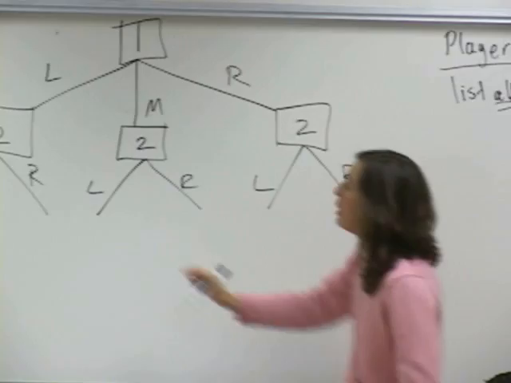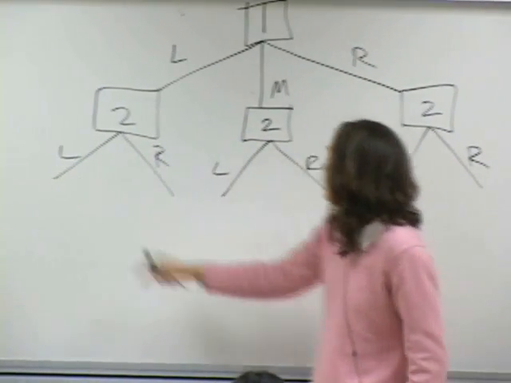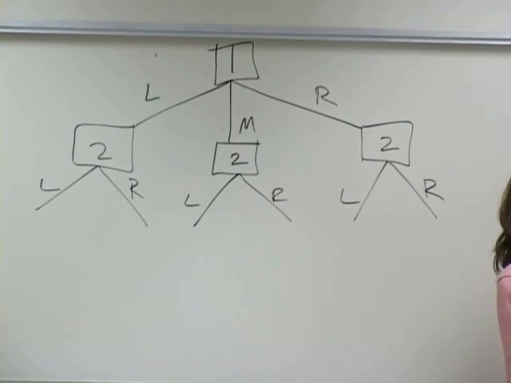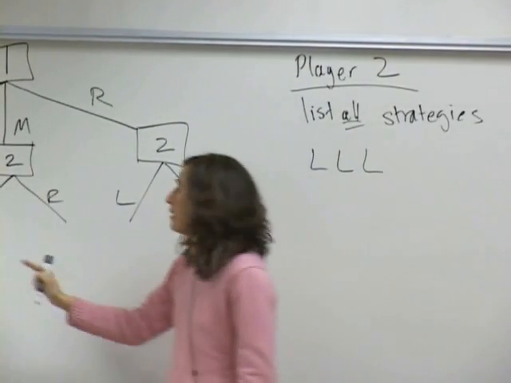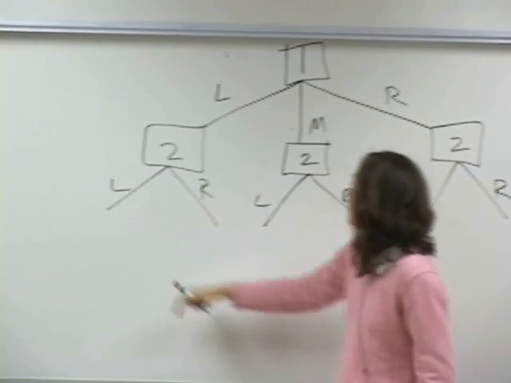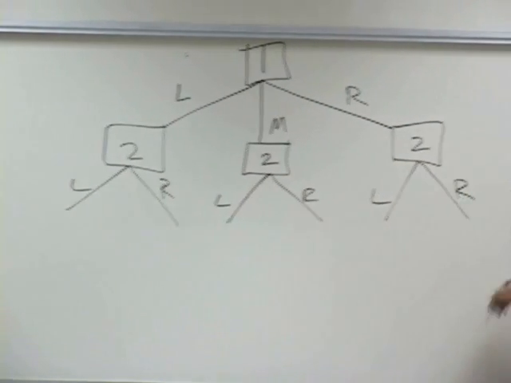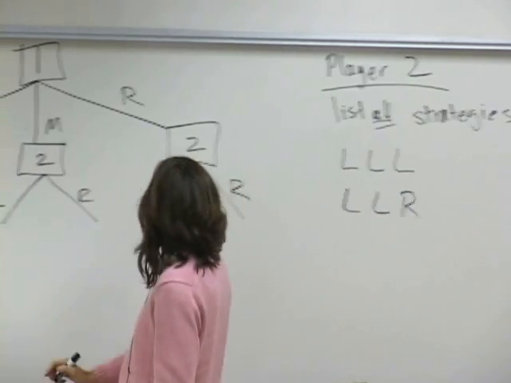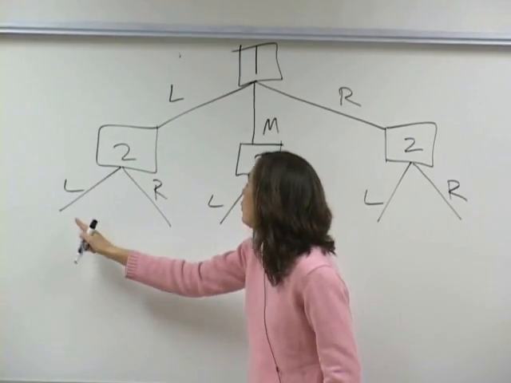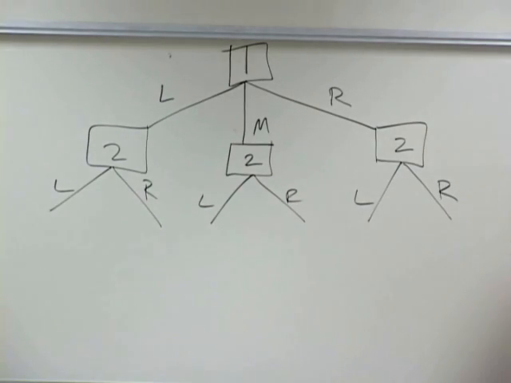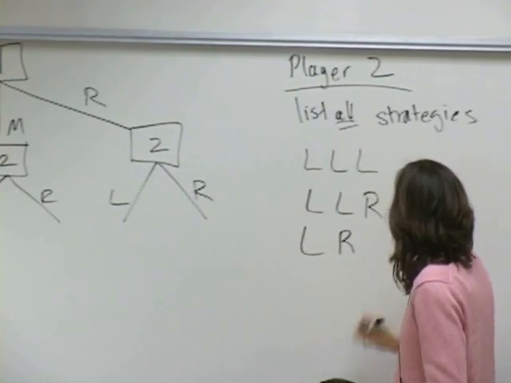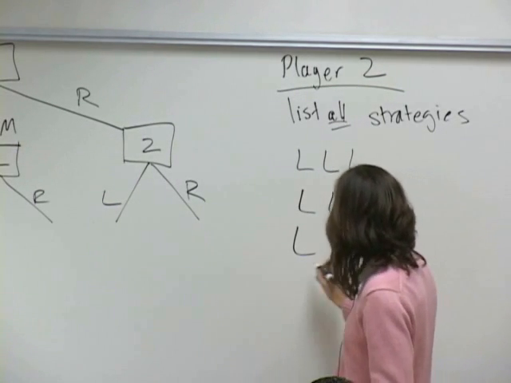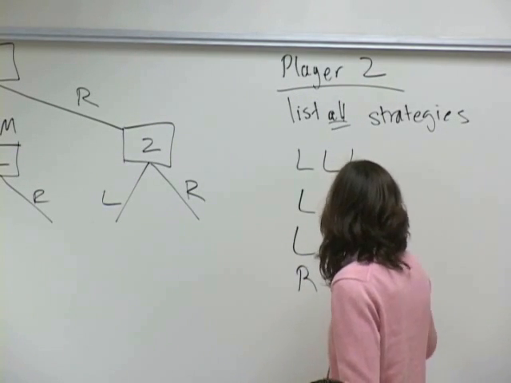Okay, one thing player 2 could do is do left here, and left here. Okay, so that's one. Left, left, left. Another thing player 2 could do is left here, and right there. Okay, left, left, right. Yet another thing would be right, right, right.